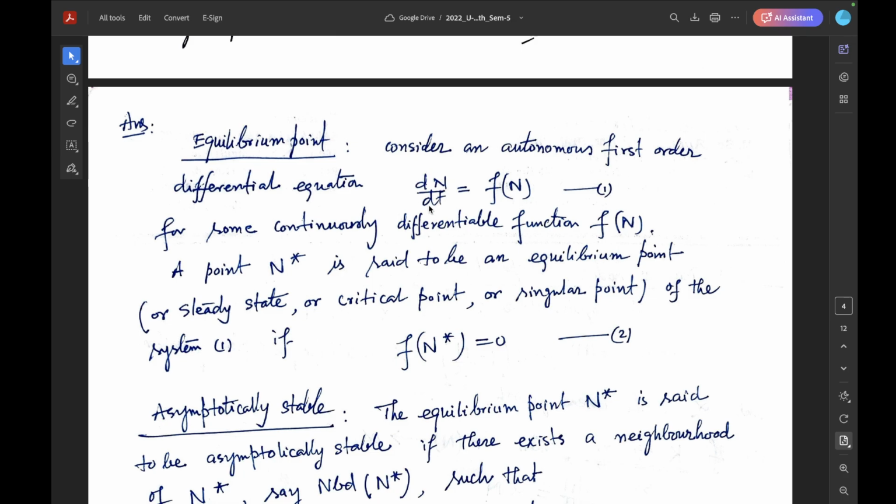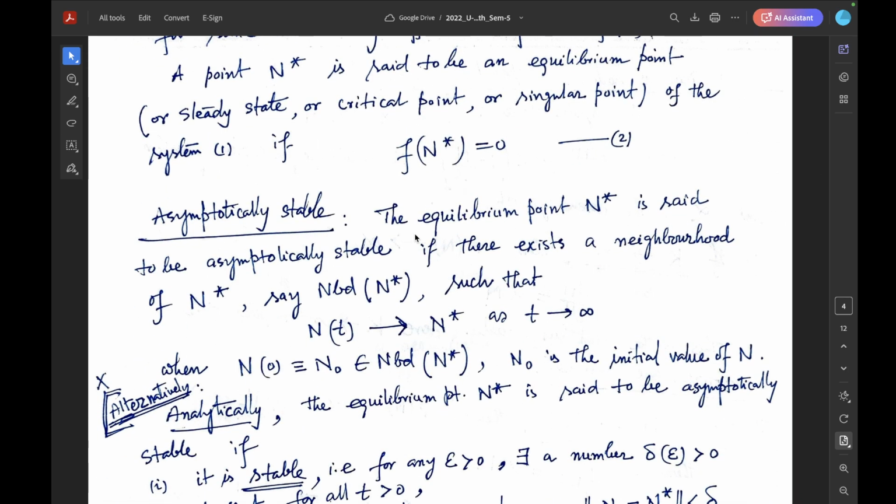This dn/dt, so this is the first order, and this f(n), this is the nonlinear equation, for some continuously differentiable function f(n). A point n star is said to be an equilibrium point or steady state or critical point or singular point of the system 1 if f(n star) equal to 0.